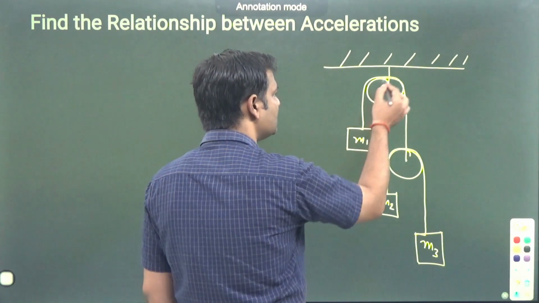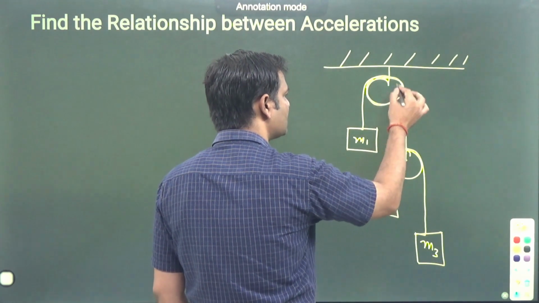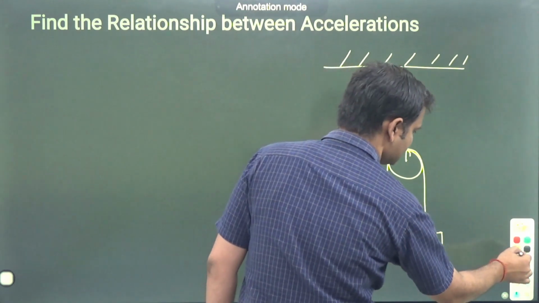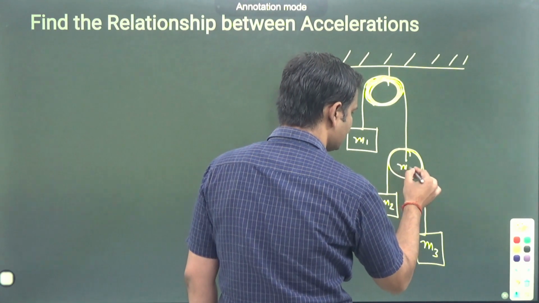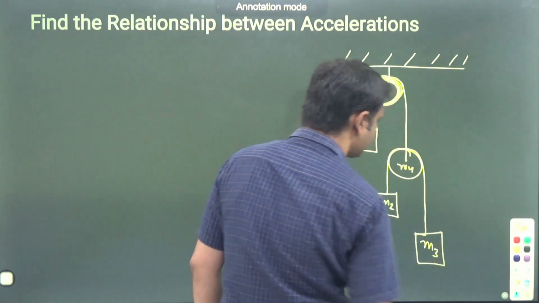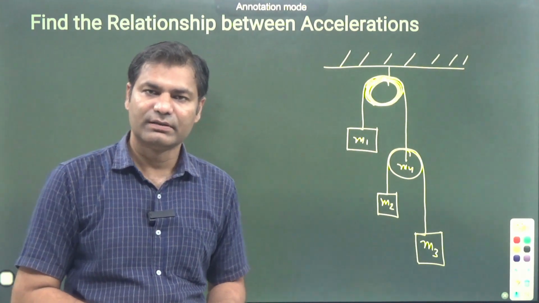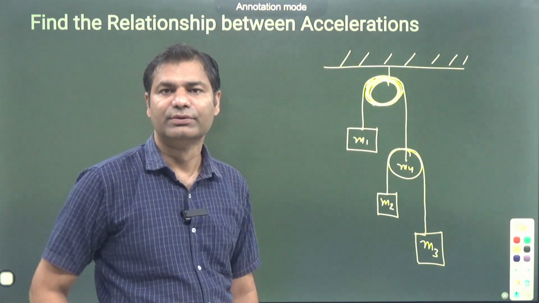Okay, clear or not? And this one is considered M4. So there are masses M1, M2, M3 and M4.